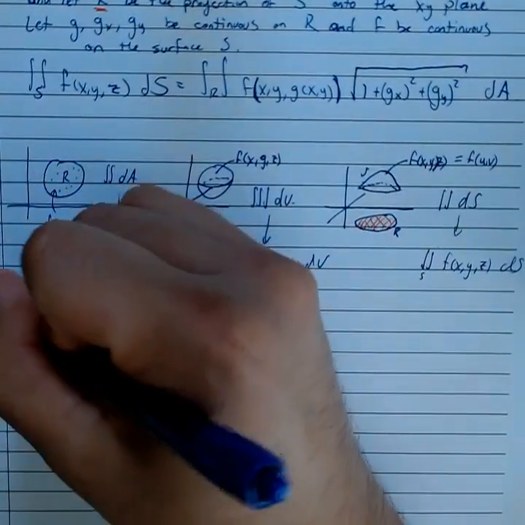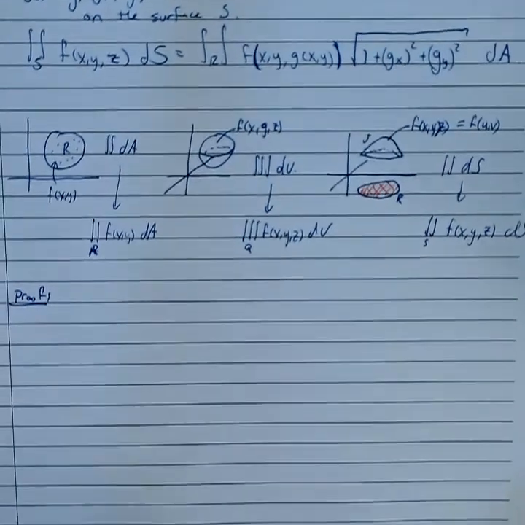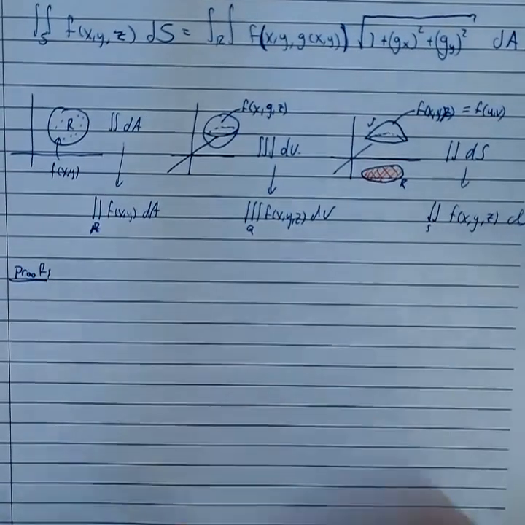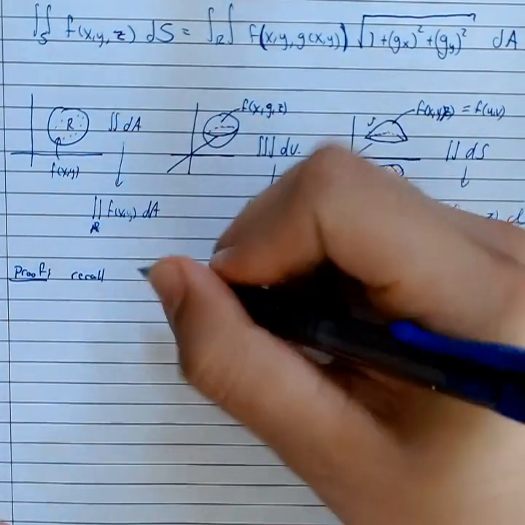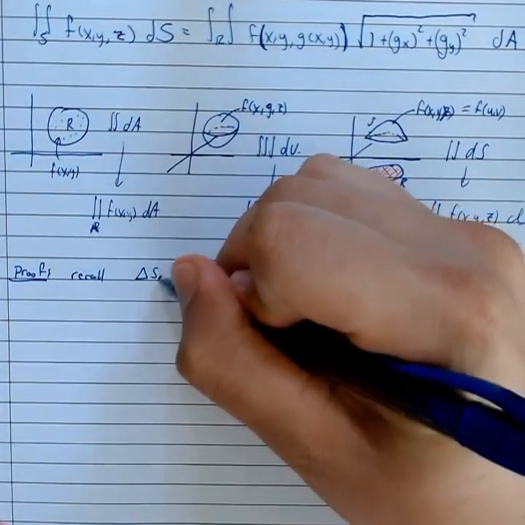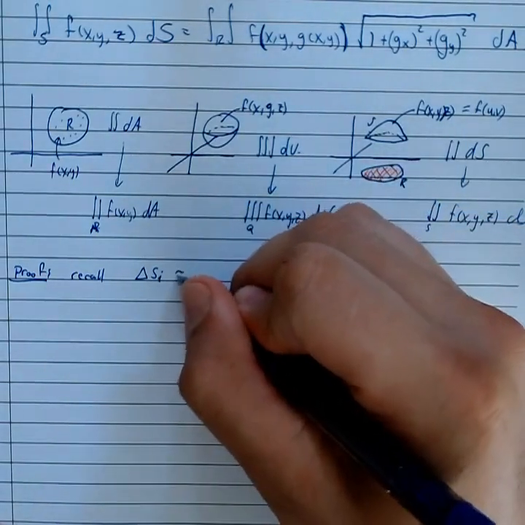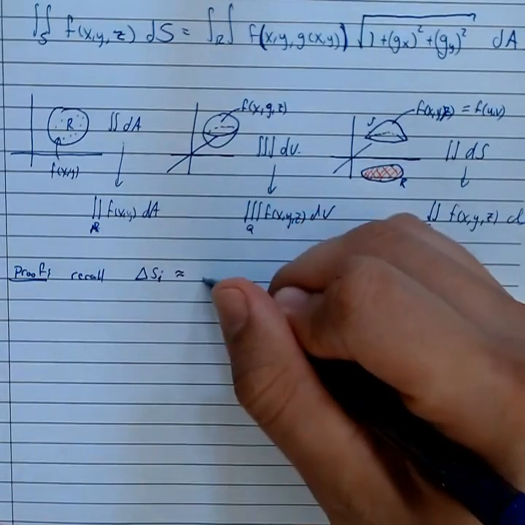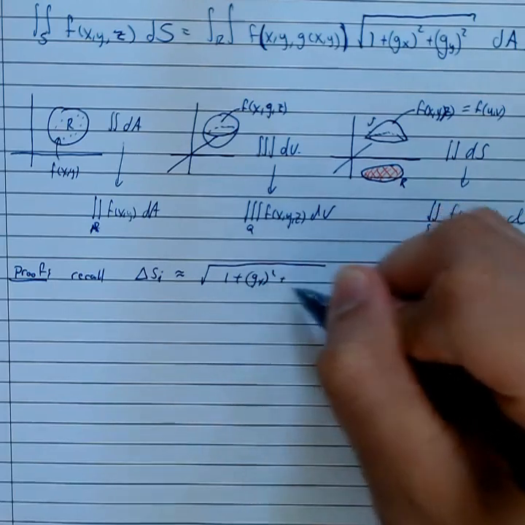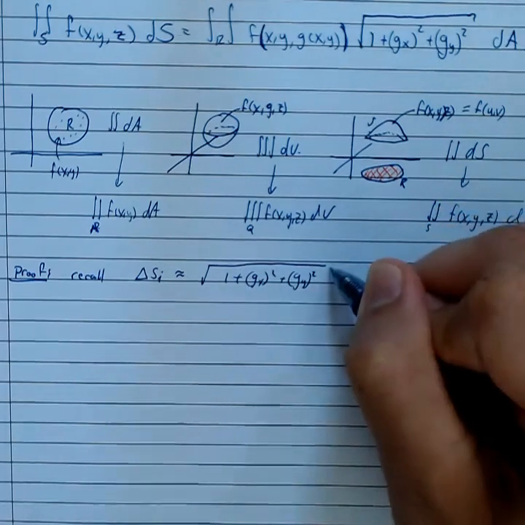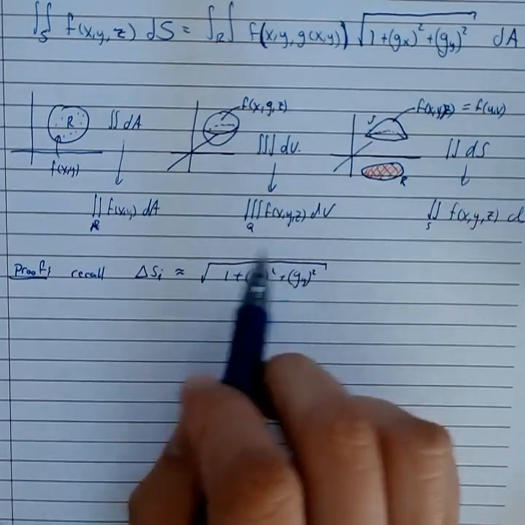I'll call this a proof, although it is essentially just taking what we did last time and adding an extra factor. So recall that we saw from a previous section that delta S sub I, a little tiny bit of surface area, is given approximately by the square root of 1 plus G sub X squared plus G sub Y squared, with respect to A. This is when we first defined surface area and an integral to give us surface area.